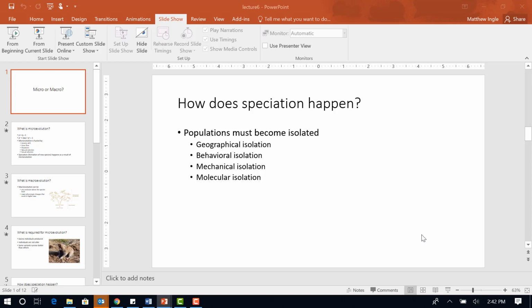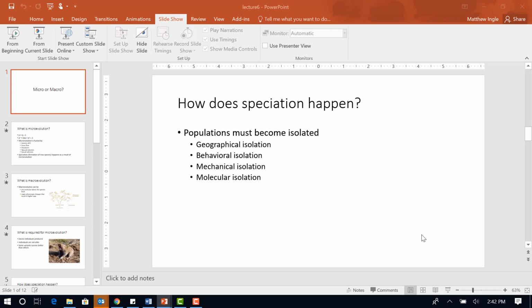You might also develop mechanical isolation, in which the organisms cannot physically reproduce. If you don't have geographical isolation happening previous to this, it would most likely be due to drift, some random, very dramatic difference. And then molecular isolation.